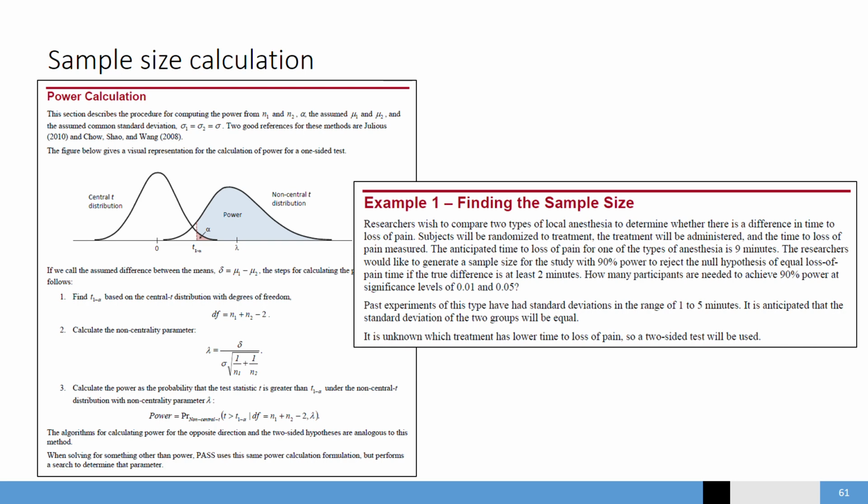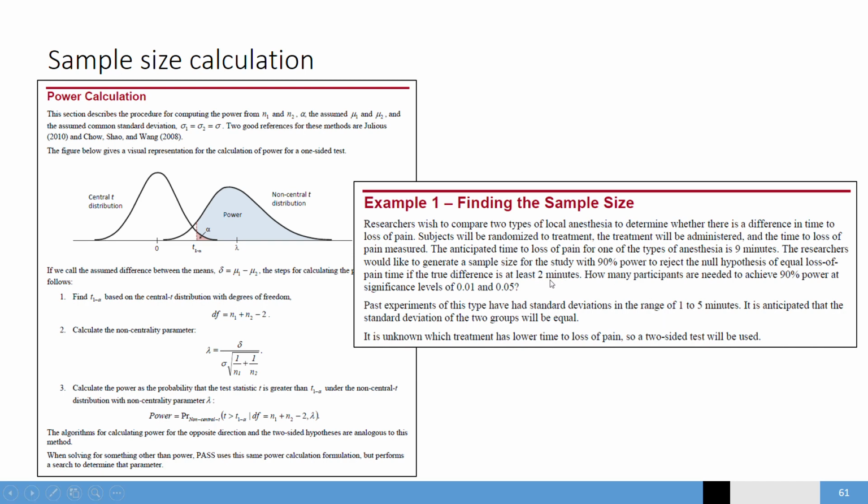So far so good. The researchers would like to generate the sample size for the study with 90% power, the same as me, to reject the null hypothesis of equal loss of pain time. In my case it would be equal lesion area, if the true difference is at least 2 minutes.